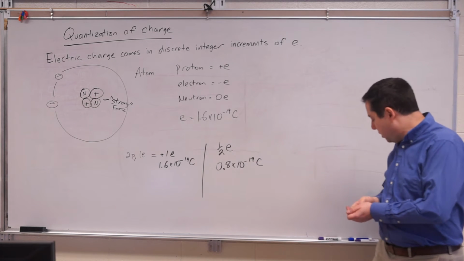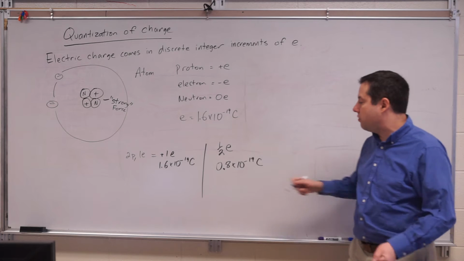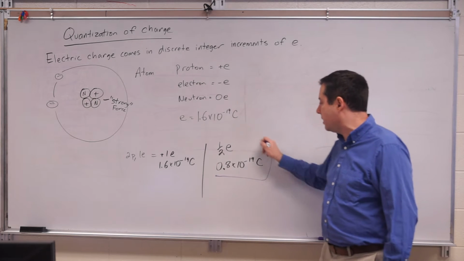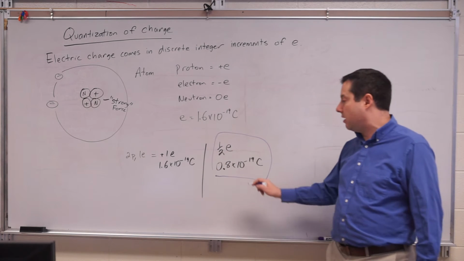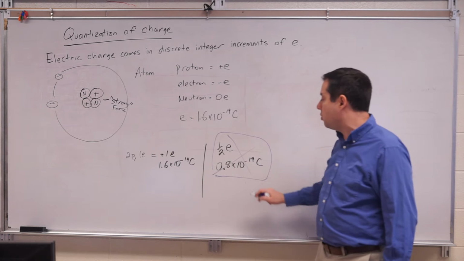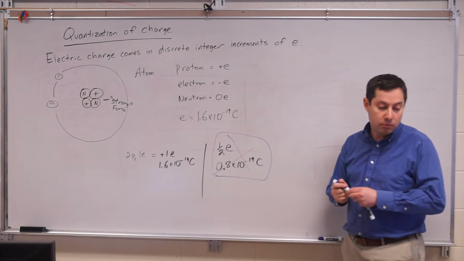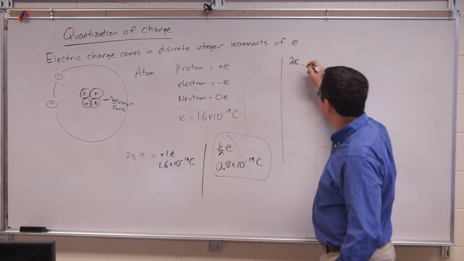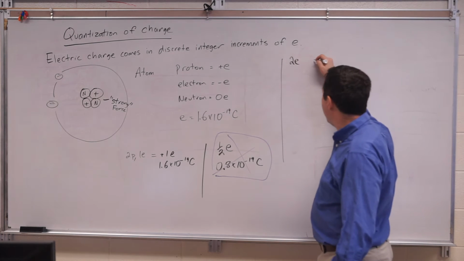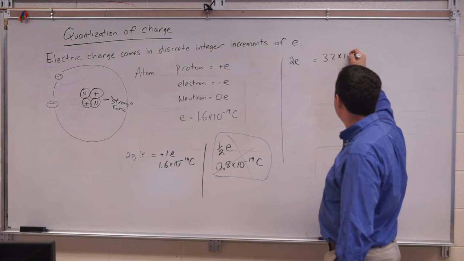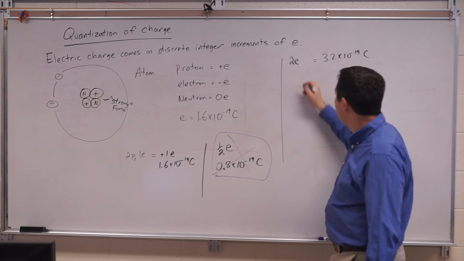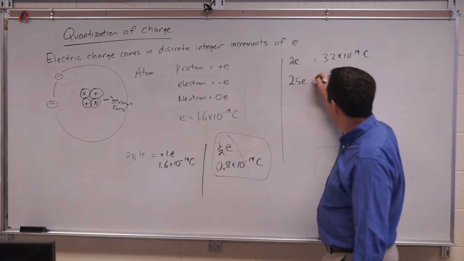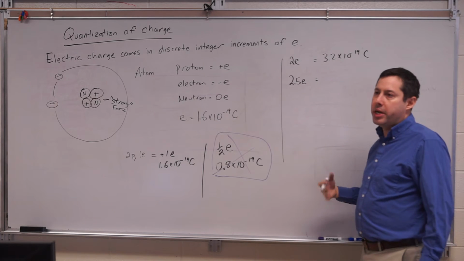So if an object claims to have a charge of 0.8 times 10 to the negative 19th, we know that it's not physically possible. It can't have a charge that is not an integer amount. So you could have a charge of 2e. That is perfectly okay. That's 3.2 times 10 to the negative 19th coulombs. 2.5e, though, is not, because it's not a discrete integer amount.